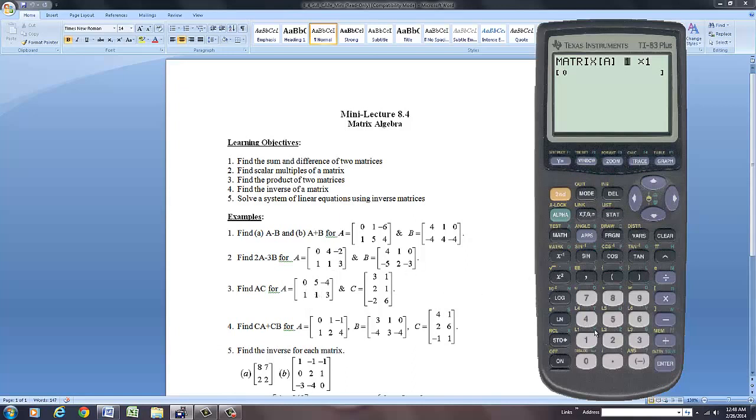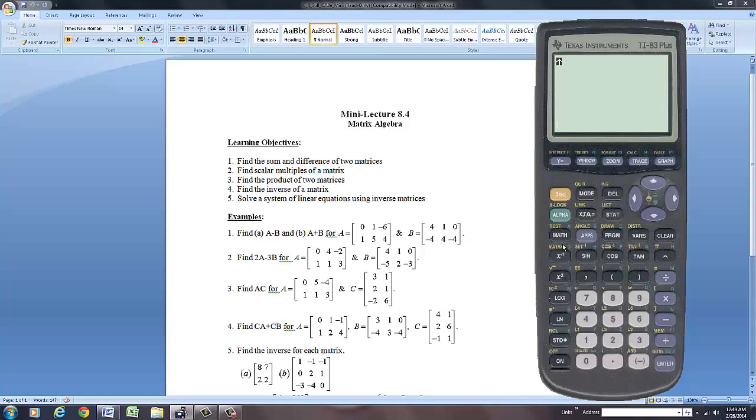Enter a 2, enter, then a 3, enter. Then the components: the first row, 0, enter, 5, enter, -4, enter. Second row, 1, enter, 1, enter, 3, enter. Then second, quit. We're out of this menu.